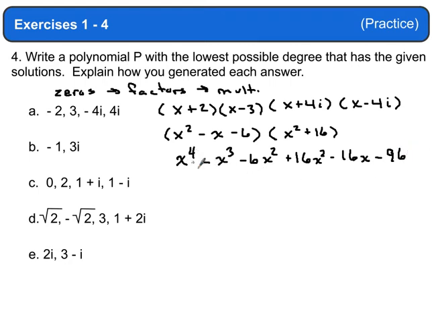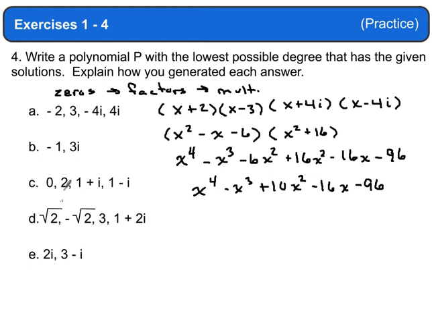We'll combine like terms, so we keep the x to the fourth. We keep the negative x to the third. We combine these two to get positive 10x squared. And then we keep the other two because there are no other like terms. So you get negative 16x and then negative 96. So that ends up being your answer.